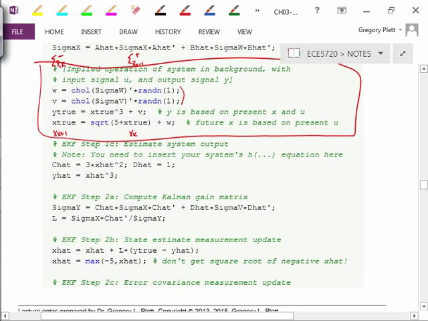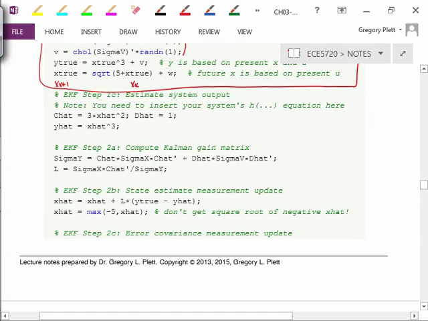The Kalman gain matrix we compute given the sigma y given the equation in the previous section, and we compute the Kalman gain just as listed there. There's no surprises. And then step 2b, we make x hat plus, this is x hat minus, added to L times y true minus y hat.